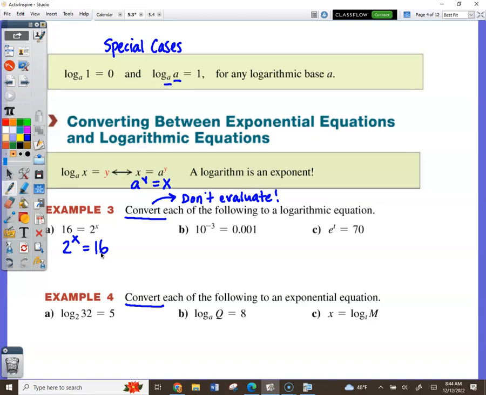Find the exponent and then tell me its base. The base is 2. So this is going to become a log base 2. And the other two do what? Switch. Which is exactly why I prefer to write it that way, where the exponent's on the left, the log's on the left. Because that whole switching thing works every time. Okay, you do the next two. Don't let the E throw you off. Treat it as a regular base.